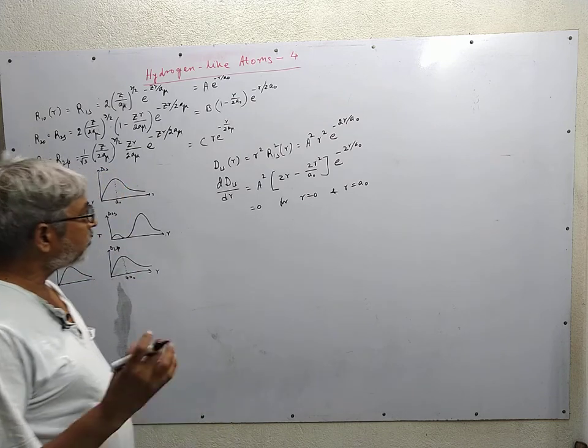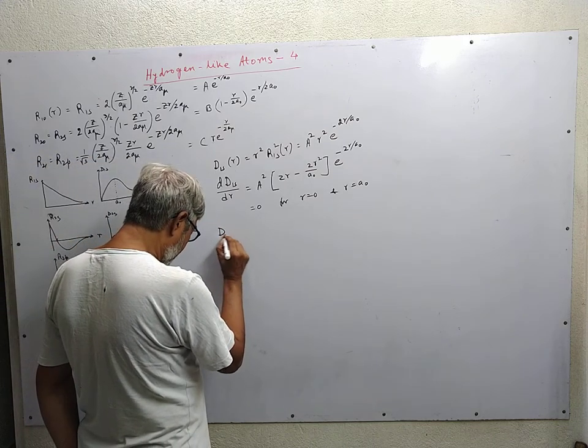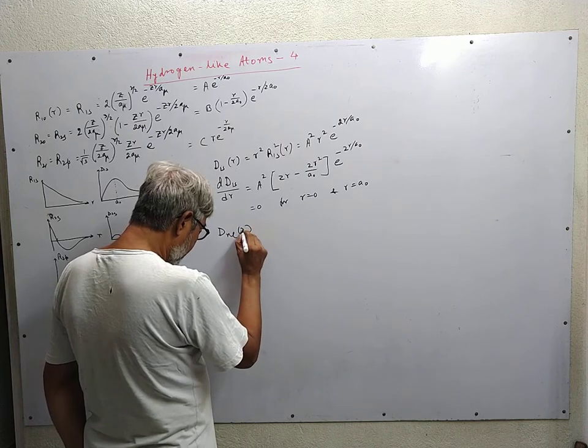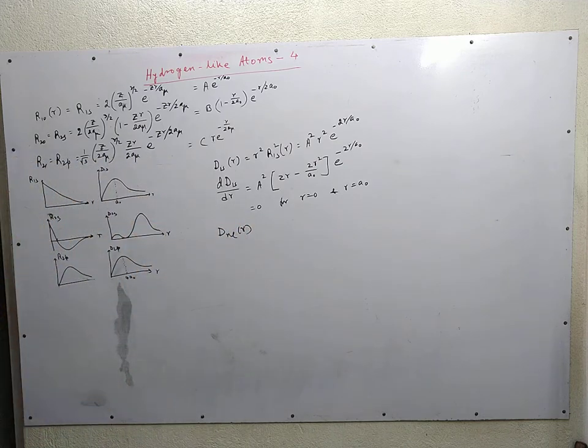Actually, the radial probability density D_nl of r gives you the probability of finding the electron between a spherical shell of radius r to r plus dr, and this is independent of the angular part, as the angular part has already been integrated out.